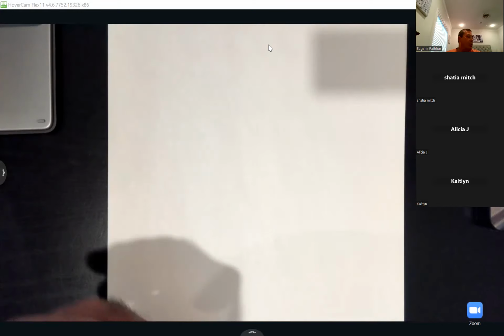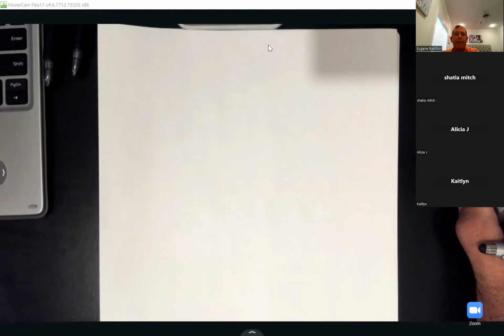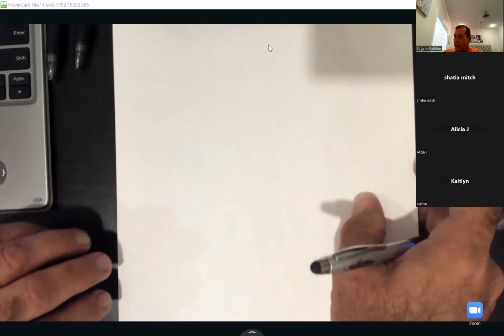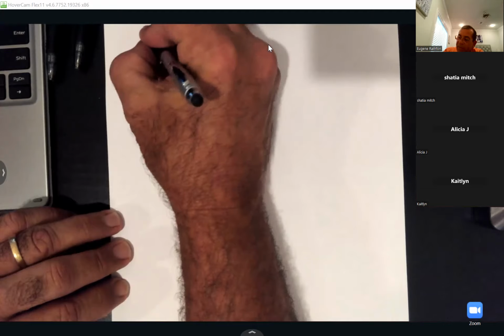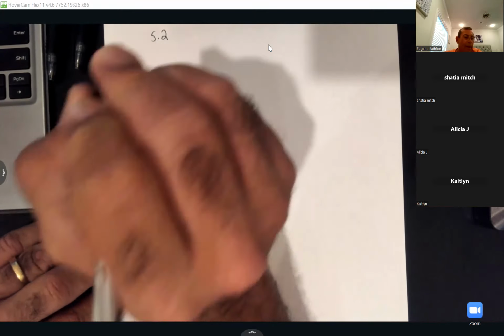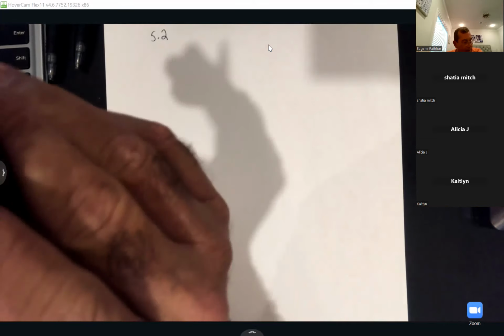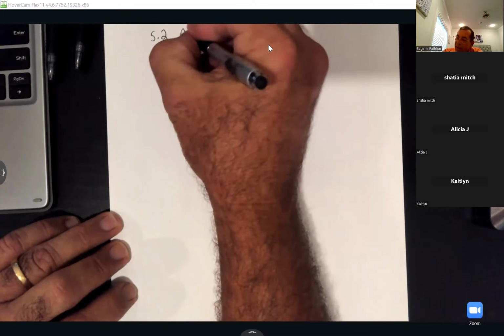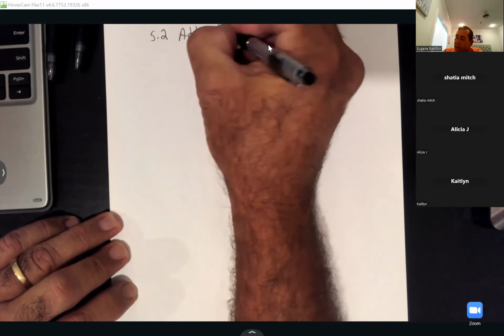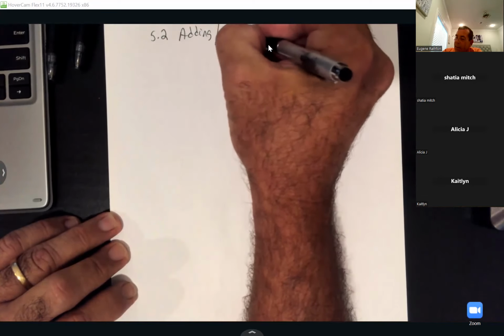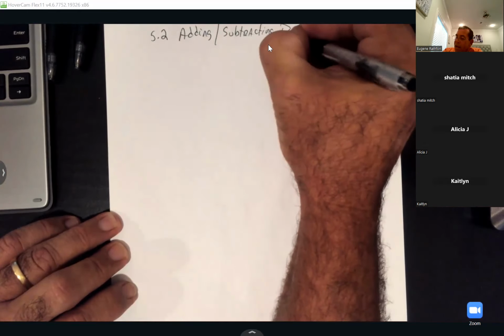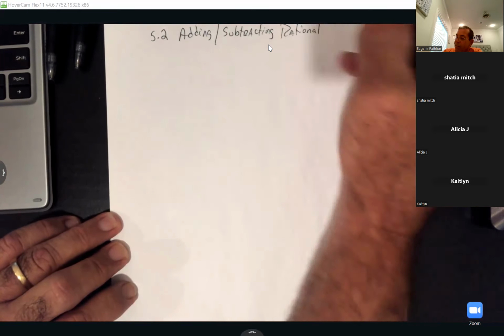All righty, so let's go to, let me move my camera back up. All right, y'all, so next will be 5.2. And this is adding or subtracting rational expressions.